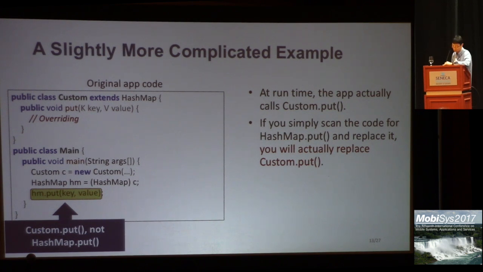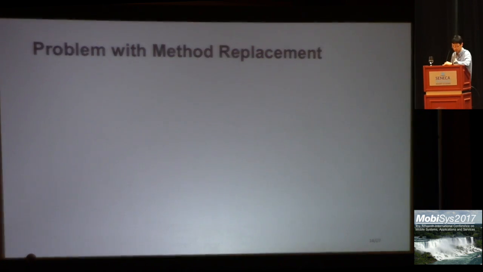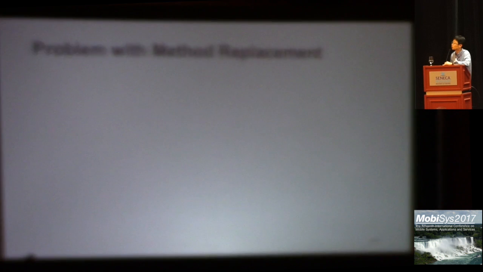This is because the variable hm is of type HashMap. However, because of typecasting, this line actually calls Custom.put, not HashMap.put. So replacing this line is incorrect. What we saw just now is only one example where simply replacing one method with another leads to an incorrect result.